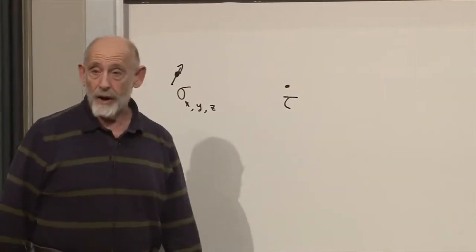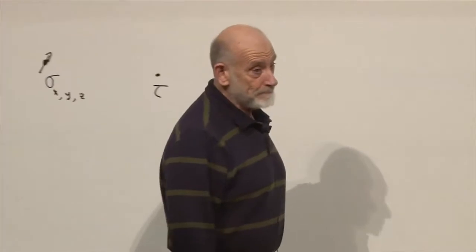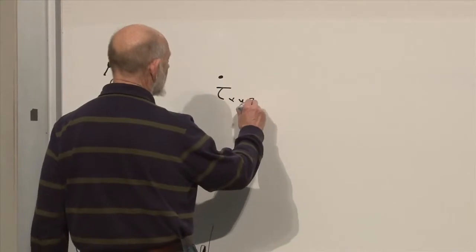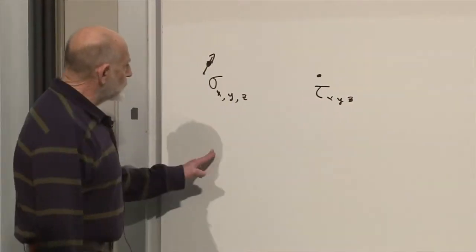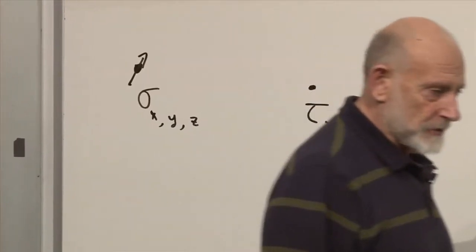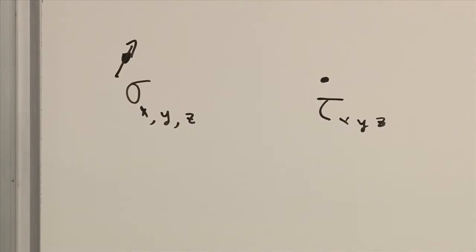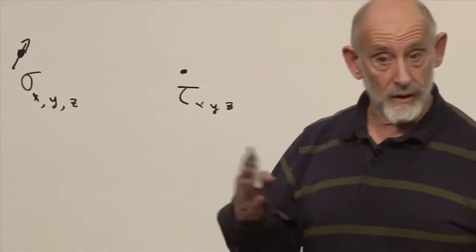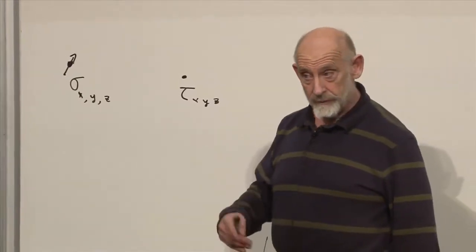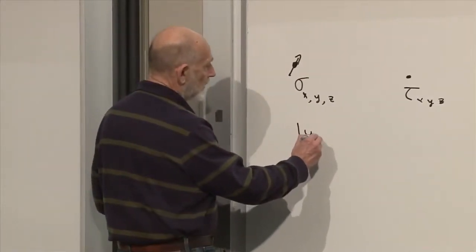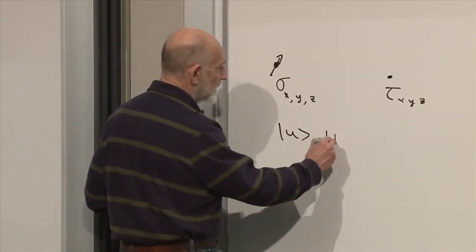How many components does tau have? Well, tau is also a spin. So it also has 3 components, x, y, and z. Supposing I choose for the basis vectors for each of these the up and down basis vectors. In other words, the states in which sigma z is up or down, and the states in which tau z are up and down. Then our basis vectors for sigma are up and down.